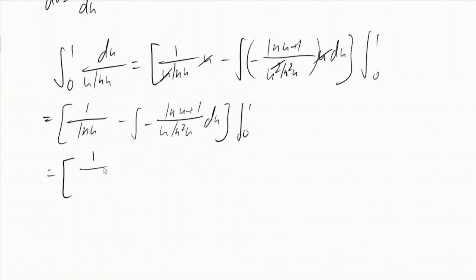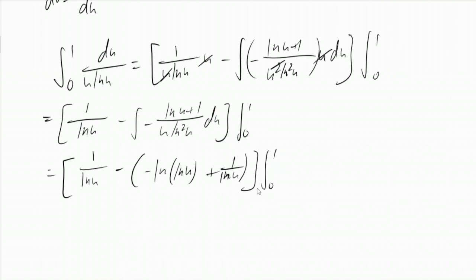Next it's 1 over ln u minus the integral from 0 to 1 of ln u plus 1 over ln u, and then we will multiply the negative sign to both of these terms.